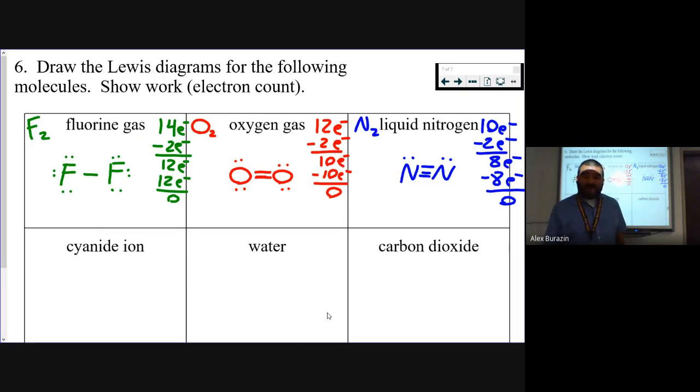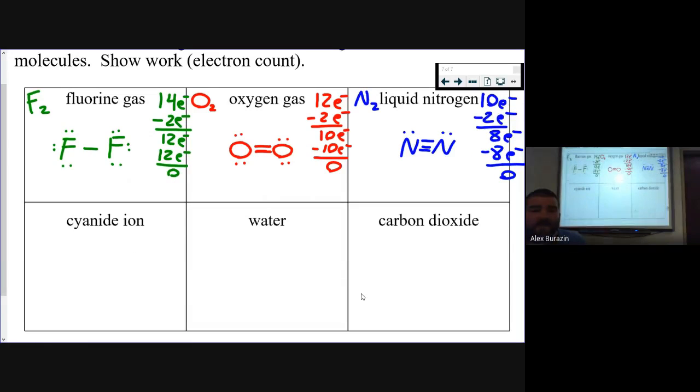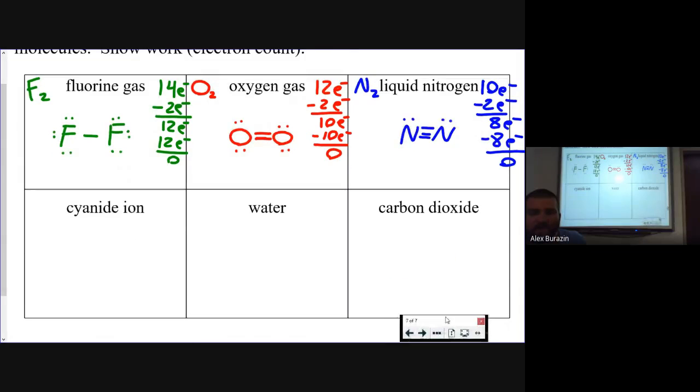It takes a lot of energy to break down nitrogen gas into other molecules or other compounds. Our atmosphere is made up of 78% nitrogen gas. It's pretty much non-reactive, and the triple bond is partially the reason why it's so stable. All right, the next one, if you're ahead of me, go for it. Just keep working. If you're not ahead of me, I'm going to slowly but surely plow through these.